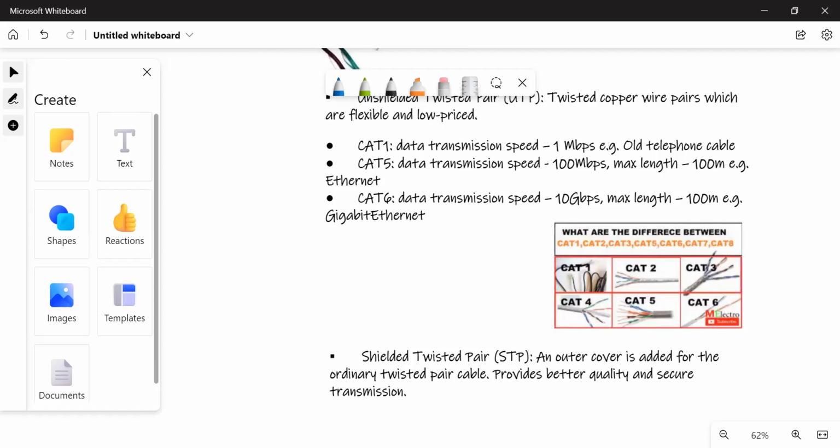Right. The next one we are going to talk about is coaxial cables. Okay, let me show you an image of shielded twisted pair. So when you say shielded twisted pair, you can see what we have.